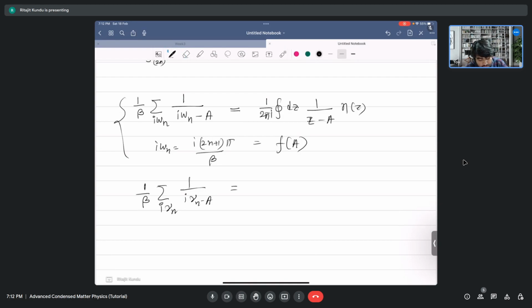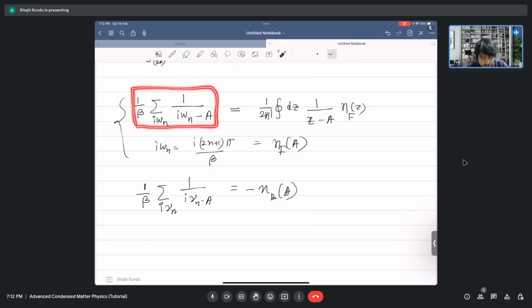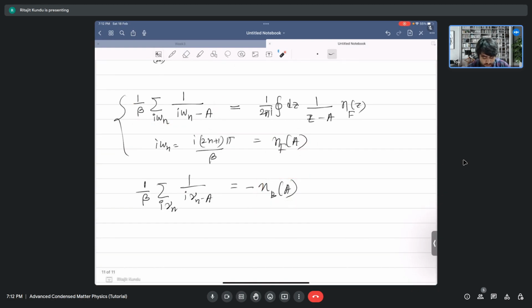So this is a Fermi function, and this is the Bose function of a. This is how you write the occupation number of fermions as a Matsubara frequency summation, and this is how you write the occupation of bosons as a Matsubara summation. Here i nu_n are even frequencies, 2n pi over beta. Next time I'll show you why this structure is there, but this will help you solve one of the problems in your assignment.